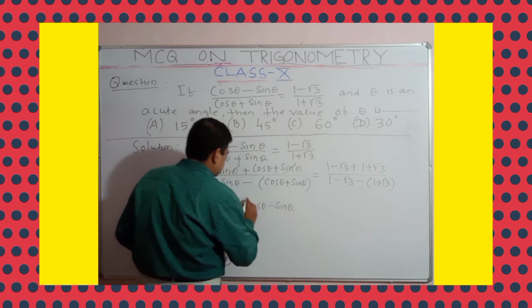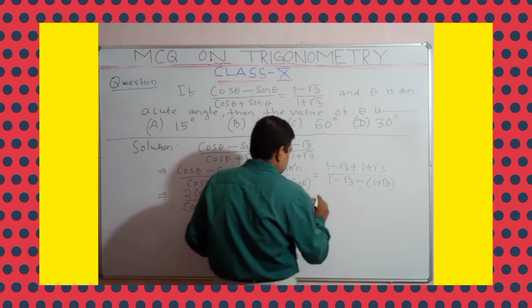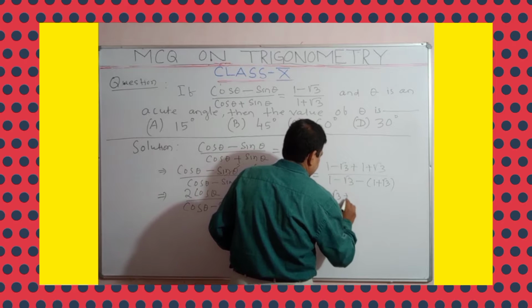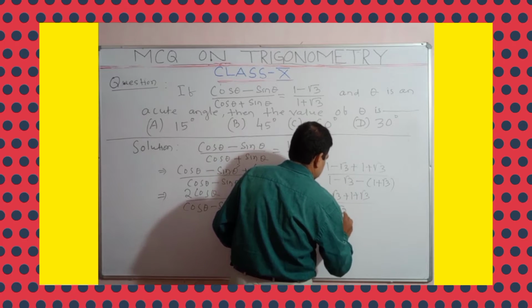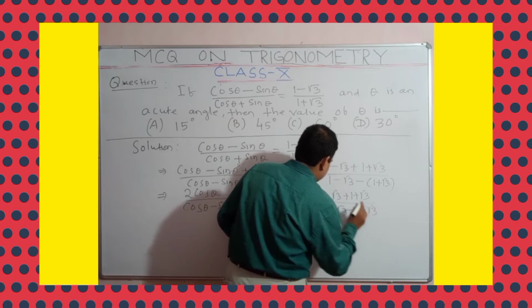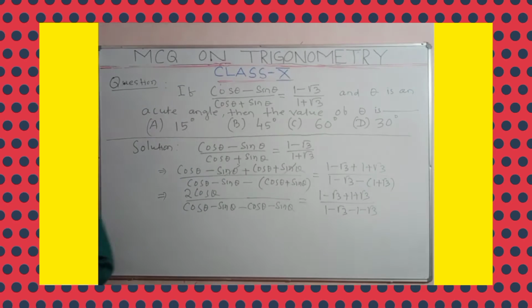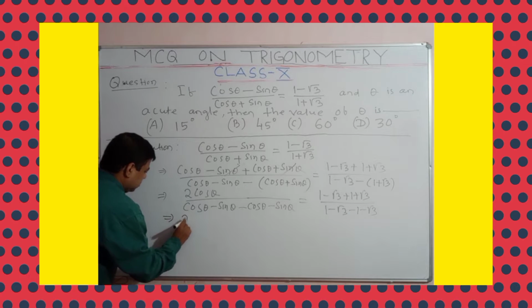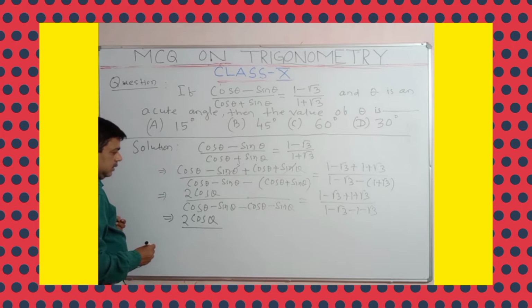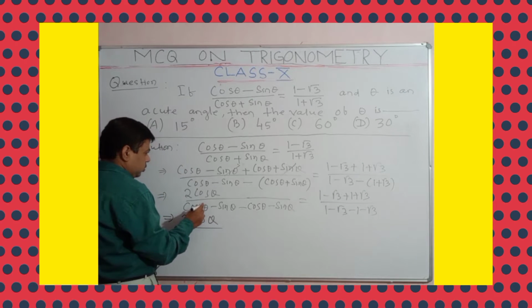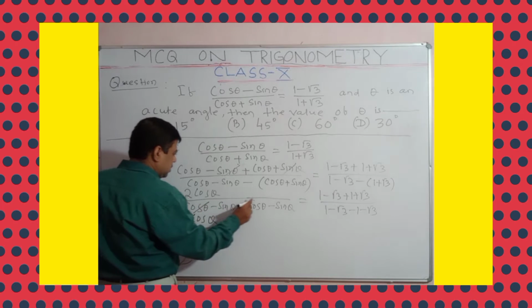This is equal to 1 minus root 3 plus 1 plus root 3 divided by 1 minus root 3 minus 1 plus root 3, after removing the bracket. After that you see, 2 cos theta divided by, look here, cos theta and minus cos theta will be cancelled.